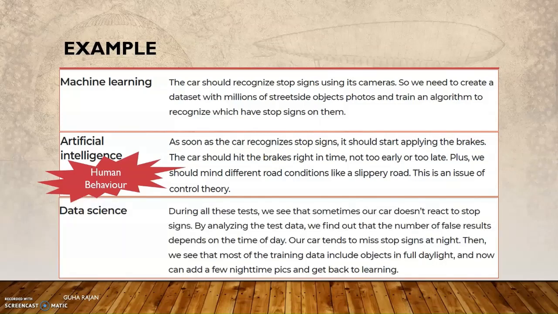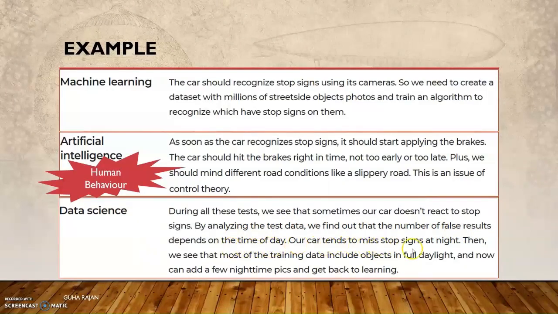Data science is a much broader spectrum. During the test, we see sometimes the car doesn't react to the stop sign. But you need to analyze why it didn't stop. Maybe the stop sign is not clear, or many other things. By analyzing the data set, we find out the number of faulty results depending upon the time of the day.